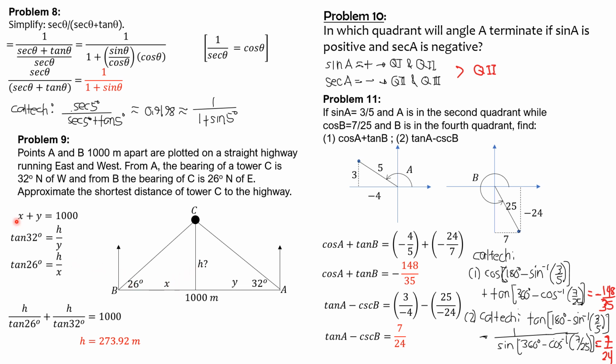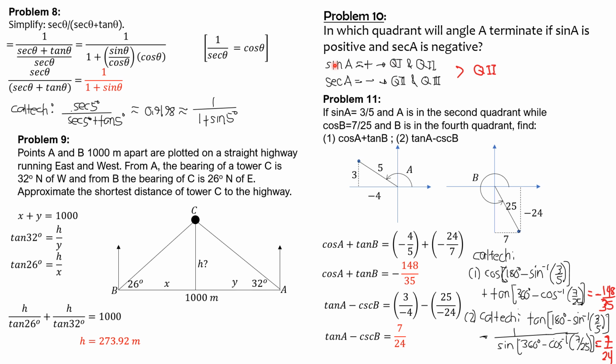Substituting, x is h over tangent 26, y is h over tangent 32 degrees, then equals 1,000. Solving for h, 1,000 divided by the quantity 1 over tangent 26 plus 1 over tangent 32, and you will get 273.92 meters.